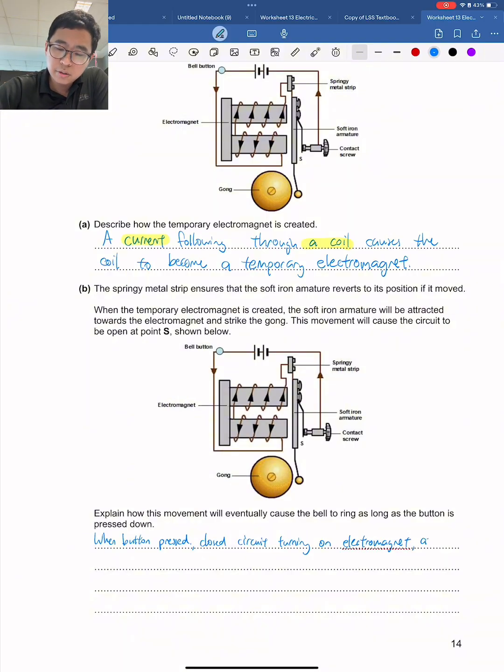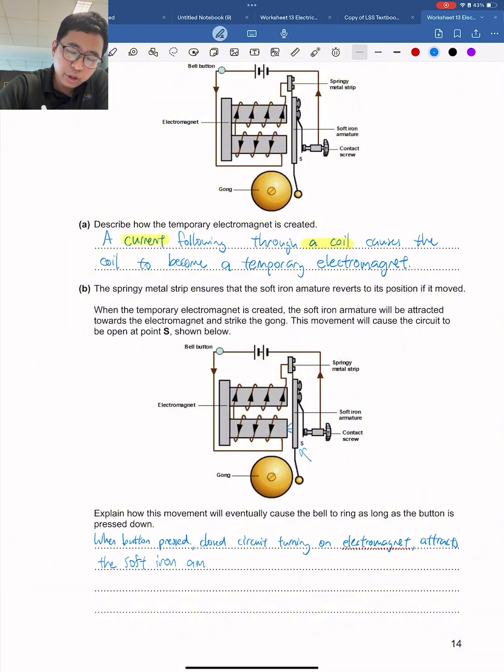It attracts this. This is magnetic, it attracts this towards it. So it attracts the soft iron armature.